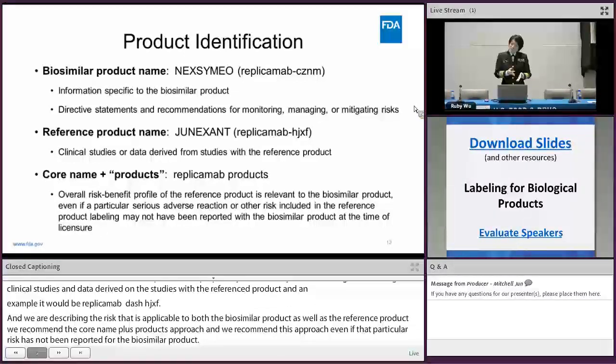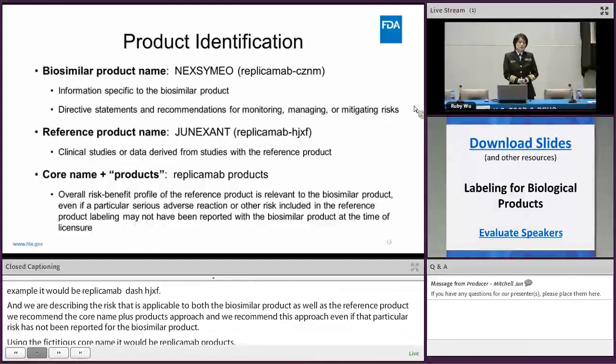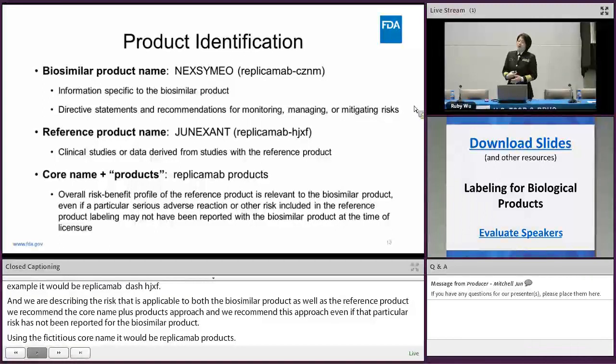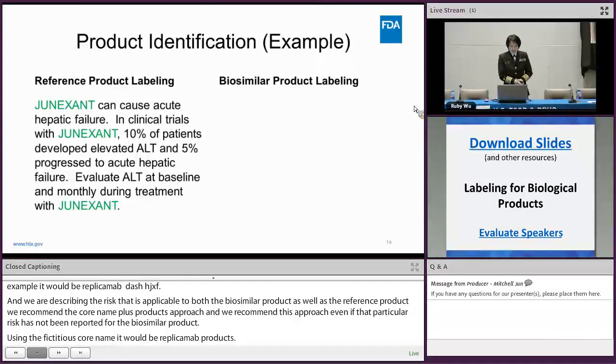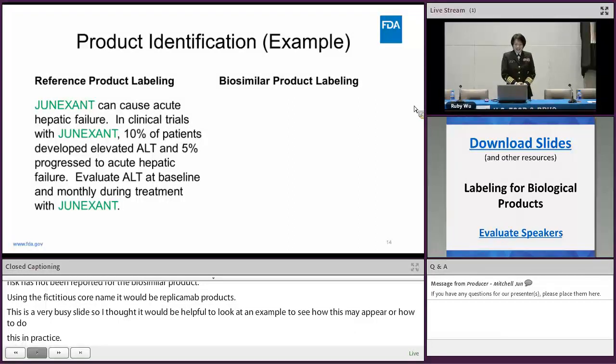So this is a very busy slide, so I thought it would be helpful to look at an example to see how this may appear or how to do this in practice. So we're going to look at this fictitious example, and on the left column, you have the reference product labeling, and it's just 3 sentences. It says, Junexant can cause acute hepatic failure.